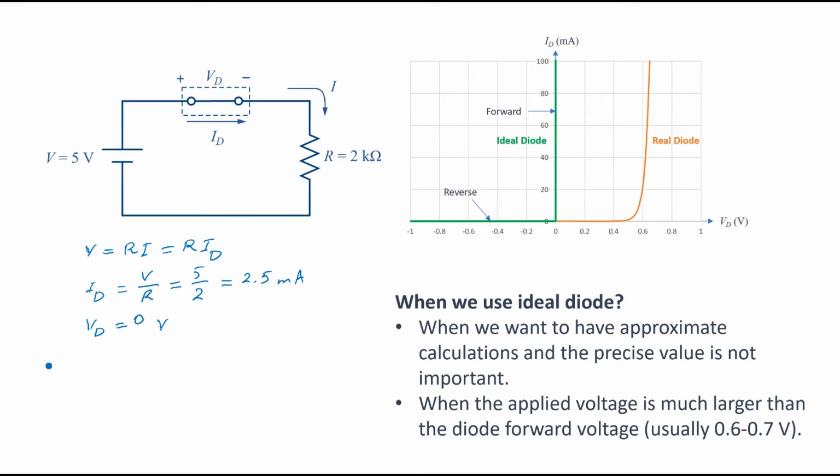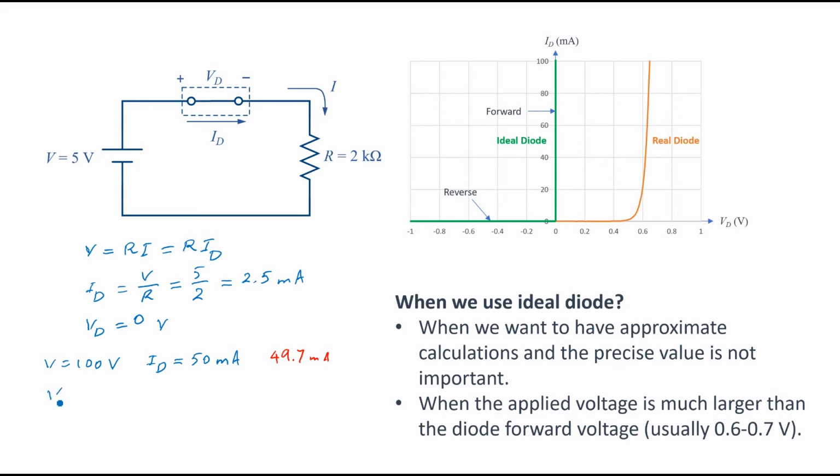For example, if the voltage is 100 volts, the current is calculated as 50 milliamps. The precise value is around 49.7 milliamps, and the difference is about 0.6% or less than 1%.